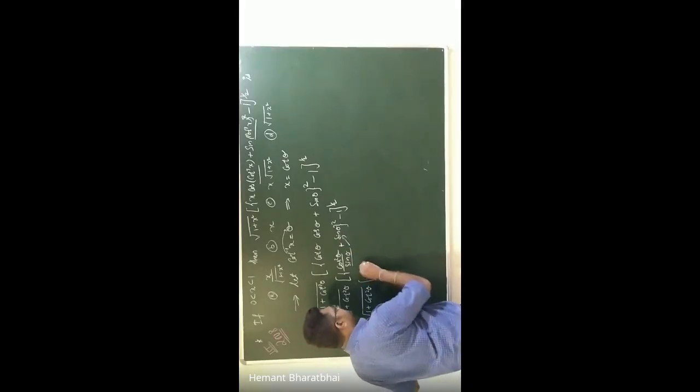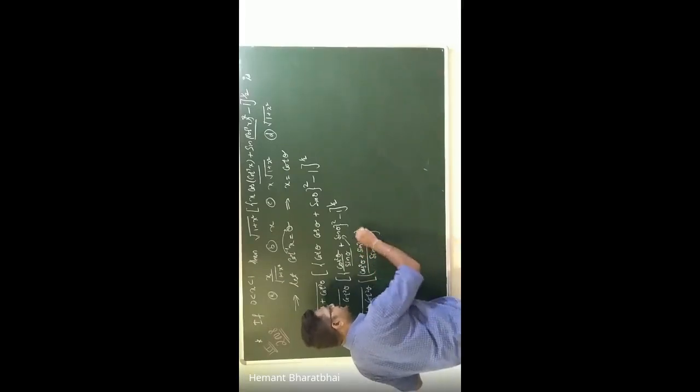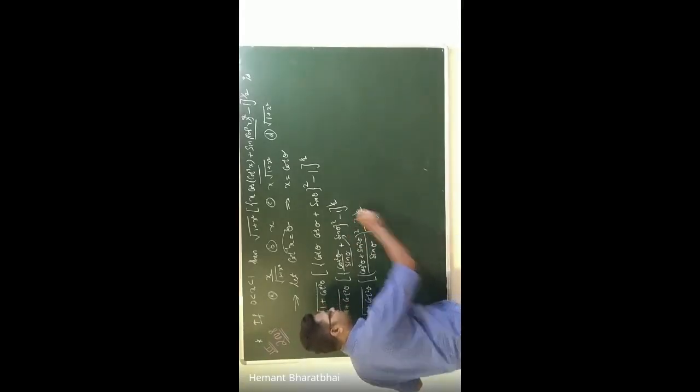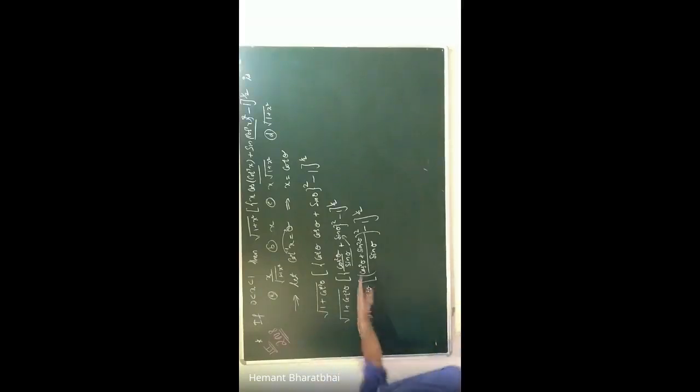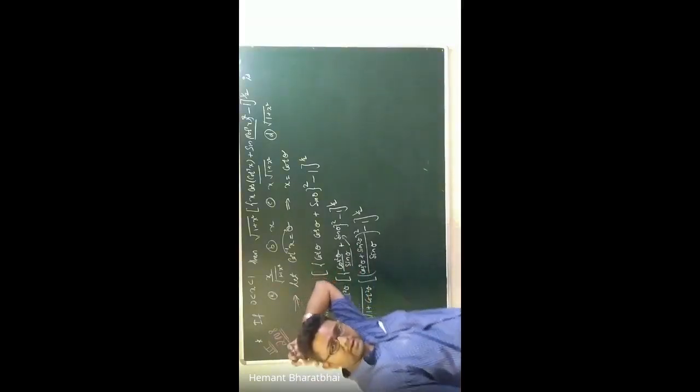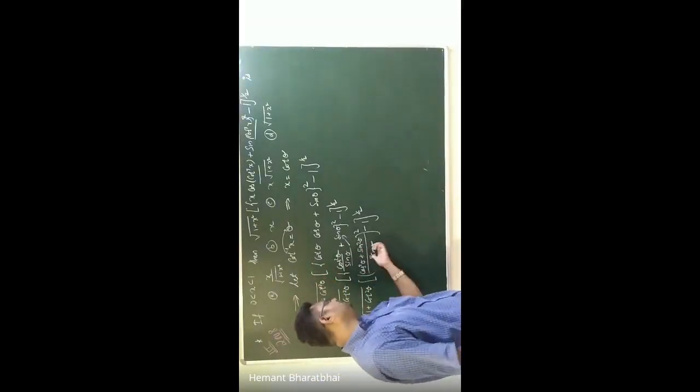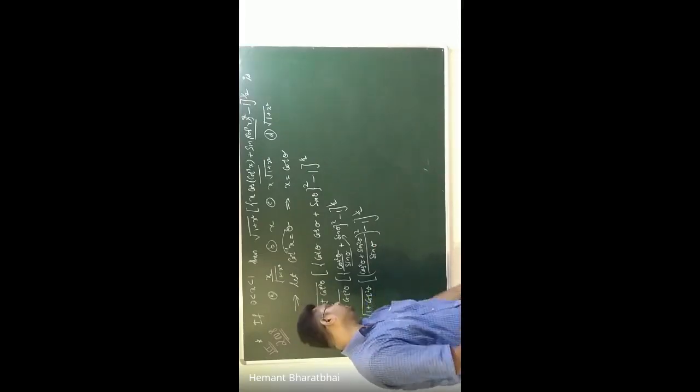So this will become cos square theta plus sine square theta the whole upon sine theta the whole square minus 1 the whole raised to 1 by 2. So now cos square theta plus sine square theta is 1. So 1 square it will be 1 and 1 upon sine square theta.